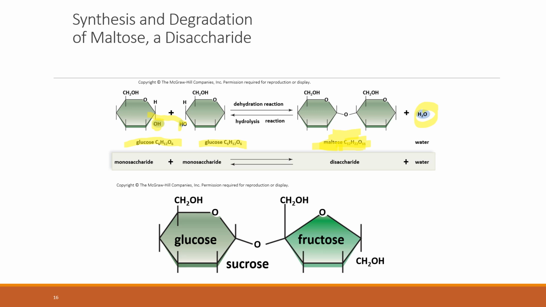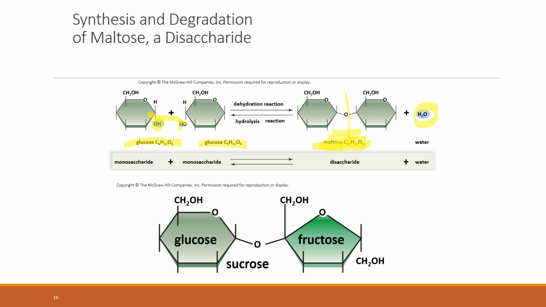If you were going the other way, suppose you ate something with maltose in, we only can absorb monosaccharides from our small intestine. So you would have to now break that bond through hydrolysis by adding the water back and forming the 2 glucoses again, and then they could be absorbed into your blood from your small intestine.